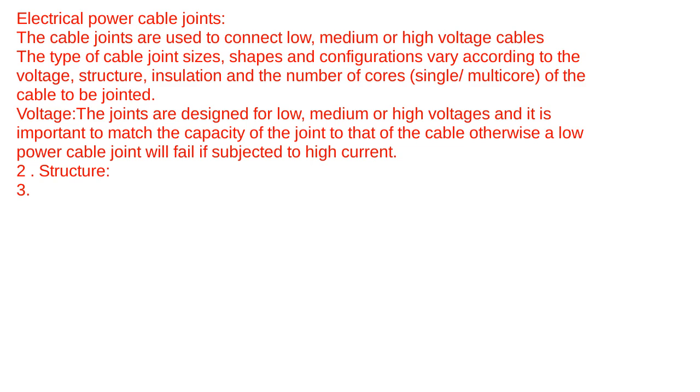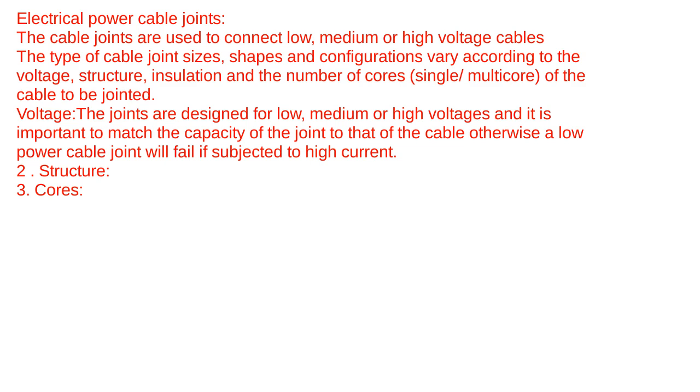The other factor is what we have said is the core. This one considers the type of cable that you have, that is the number of cores your cable is made of. I said under that we have either single or multiple cables, and the cable joints are required to have the same number of cores as those of the cables to be joined.